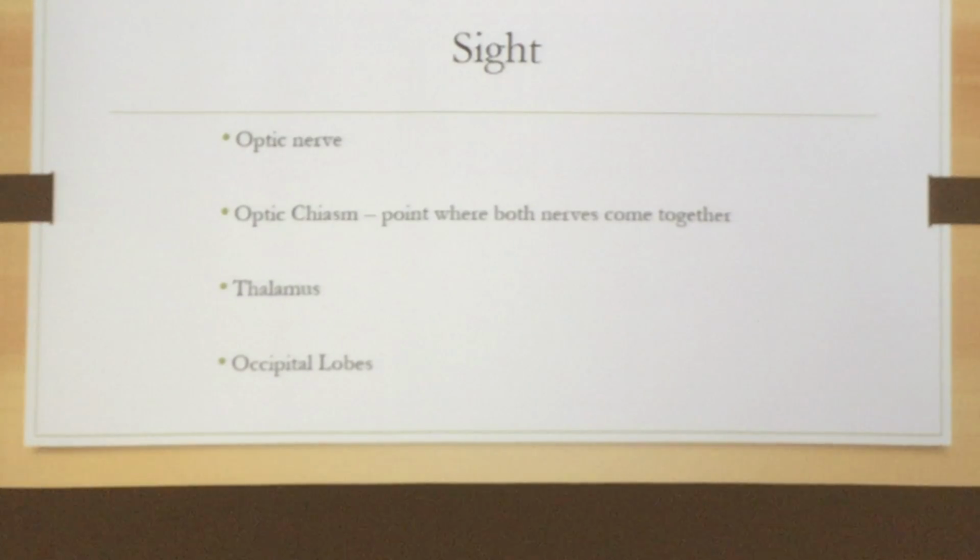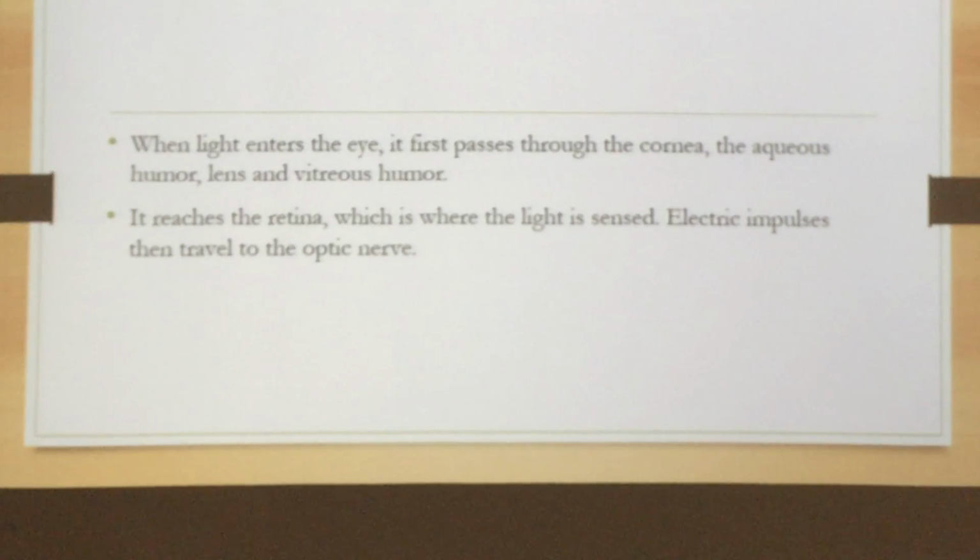Now the optic nerve from the right eye will come together with the optic nerve of the left eye at what's called the optic chiasm. From there, it's going to go to the thalamus, and from there into the occipital lobes. Now, there is a crossover of the image, and I want you to read, let's see here.